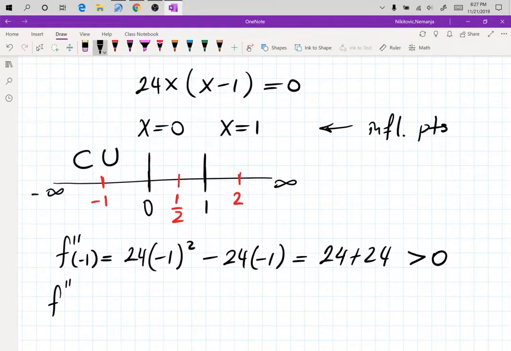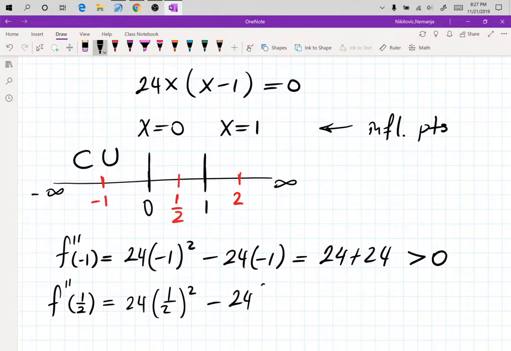Now we have to do the same for 1/2. And that's going to be 24 times 1/2 squared minus 24 times 1/2. 1/2 squared is 1/4. 24 divided by 4 is 6. Minus 12. This is a number minus a larger number, so that's going to be negative.